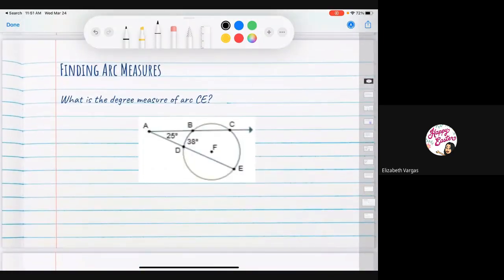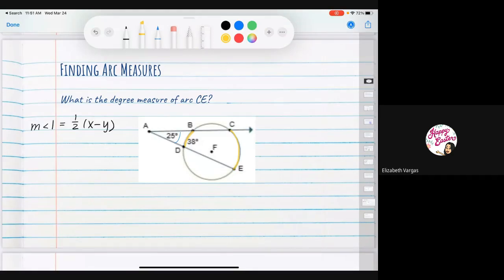So let's put this to use. Basically, the equation was the measure of angle 1 is equal to 1/2 x minus y. X and y are the measures of my intercepted arcs. So this angle right here that's created, angle 25, has two intercepted arcs, this one right here and this one right here.